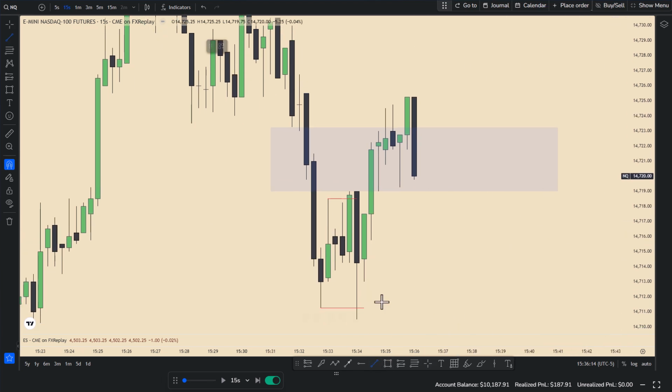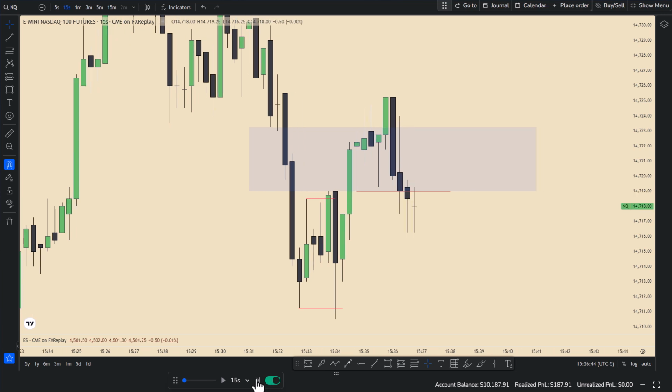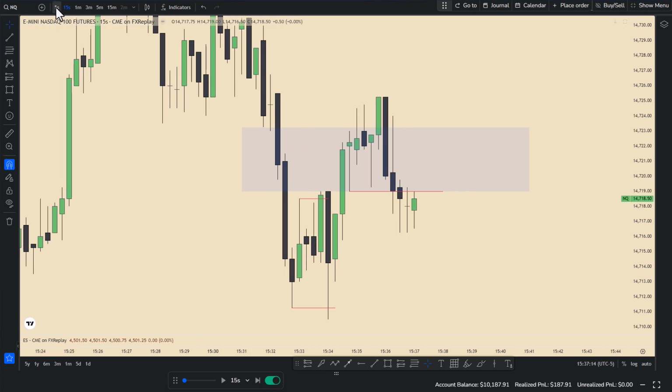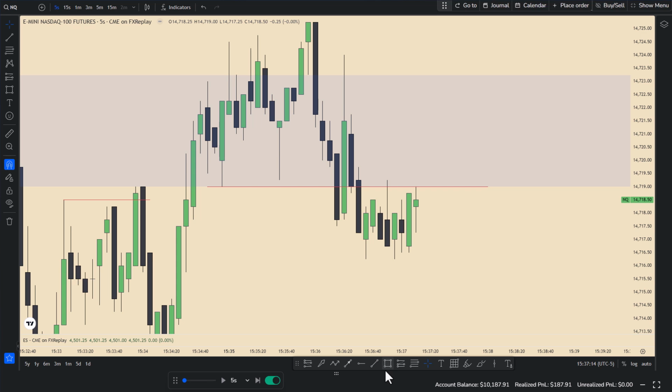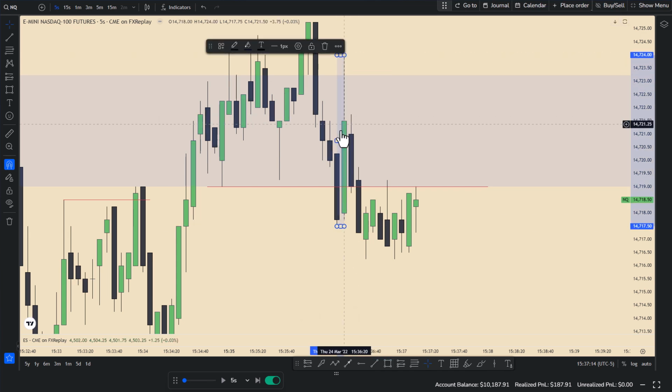Let's see if we're gonna get an entry maybe from here. So maybe if we close above this block right here, this could be a really nice entry.